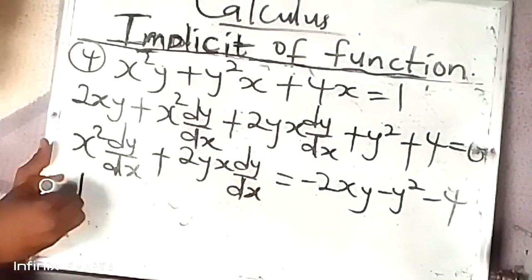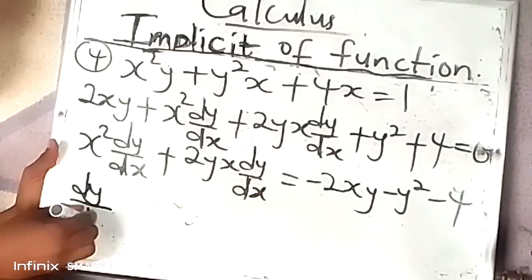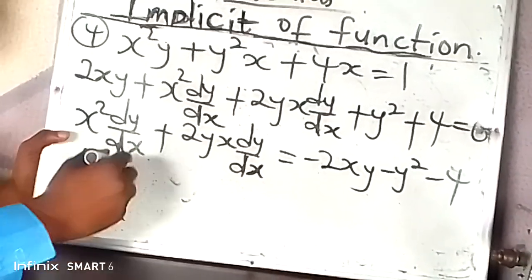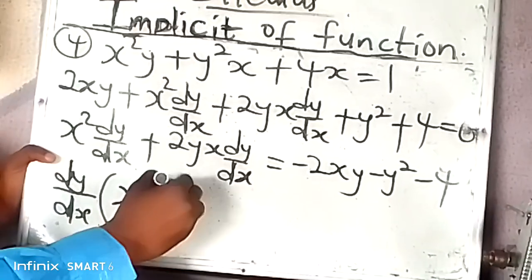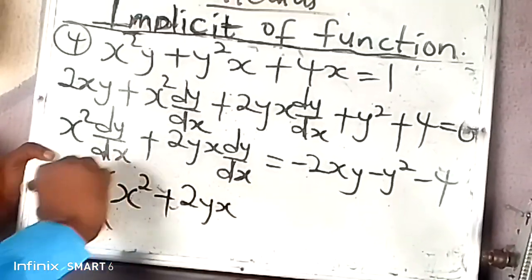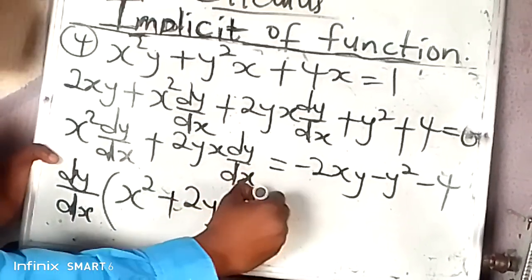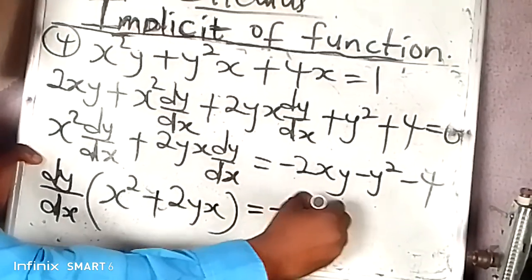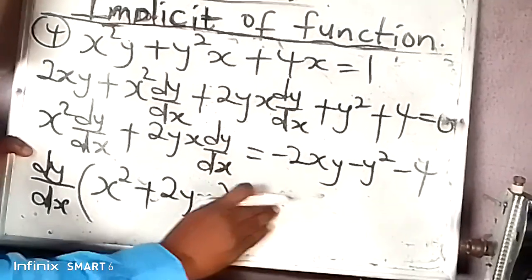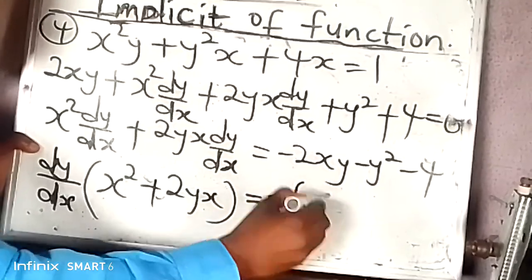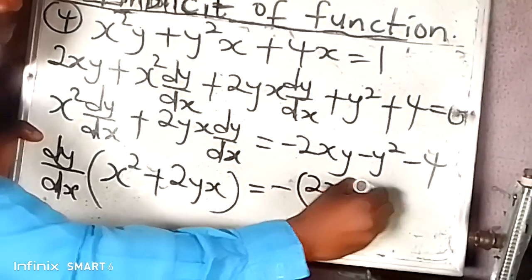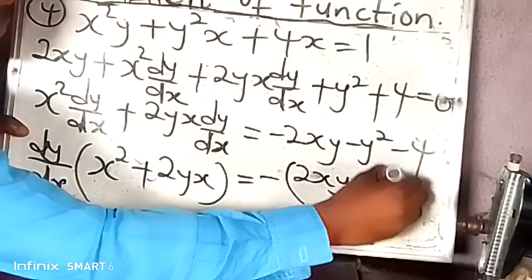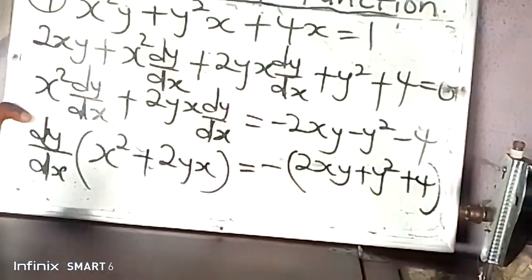I'm going to say dy/dx into bracket x squared plus 2yx close bracket equals to minus 2xy. Or you can even just say minus and open a bracket. When you open a bracket, it's going to be 2xy plus y squared plus 4 close the bracket.